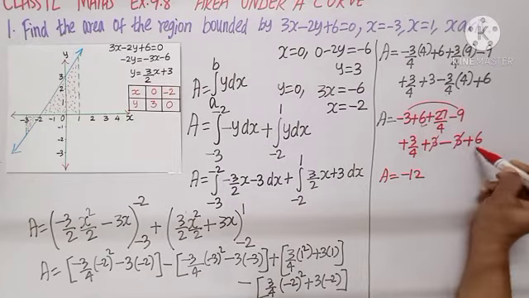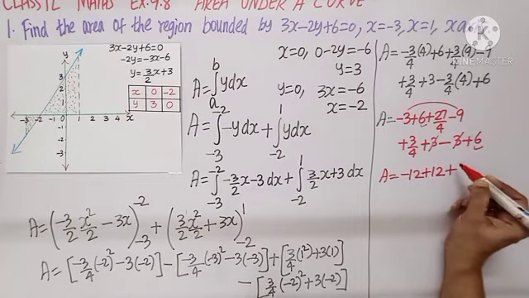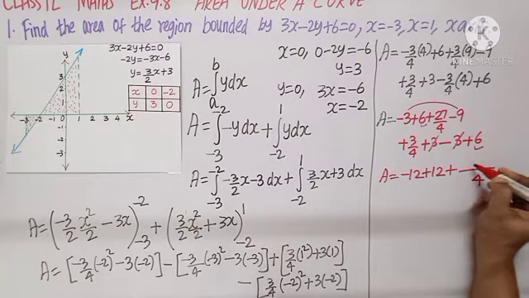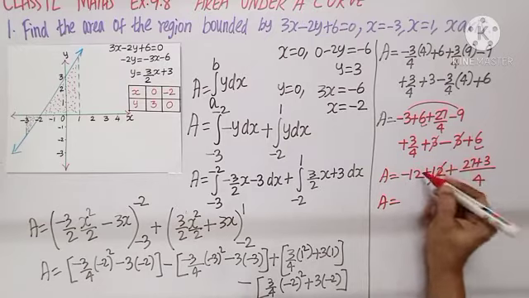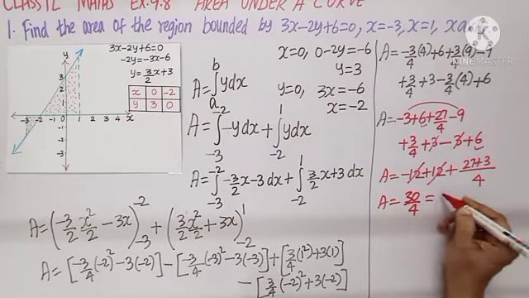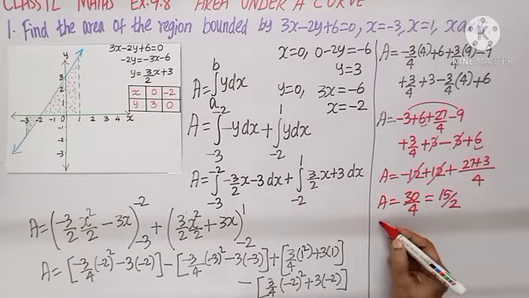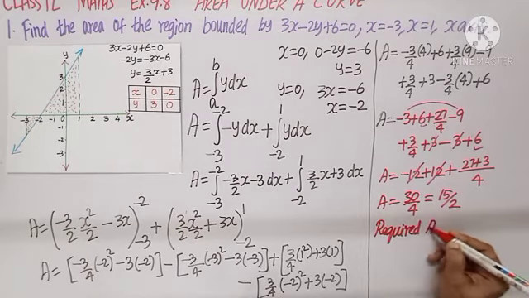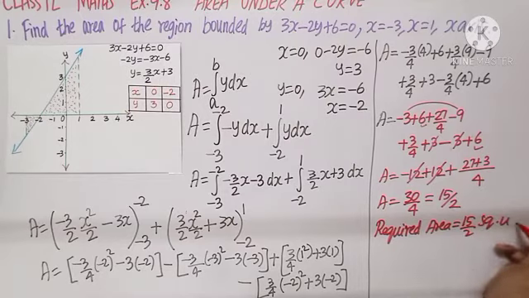Plus 6 plus 3 plus 6, we get plus 12. We are left with 27 by 4 and 3 by 4. So LCM 4, 27 plus 3. Plus 12 minus 12 cancels. My answer is 30 by 4, which can be simplified as 15 by 2. So the required area is 15 by 2 square units, and that is the answer.